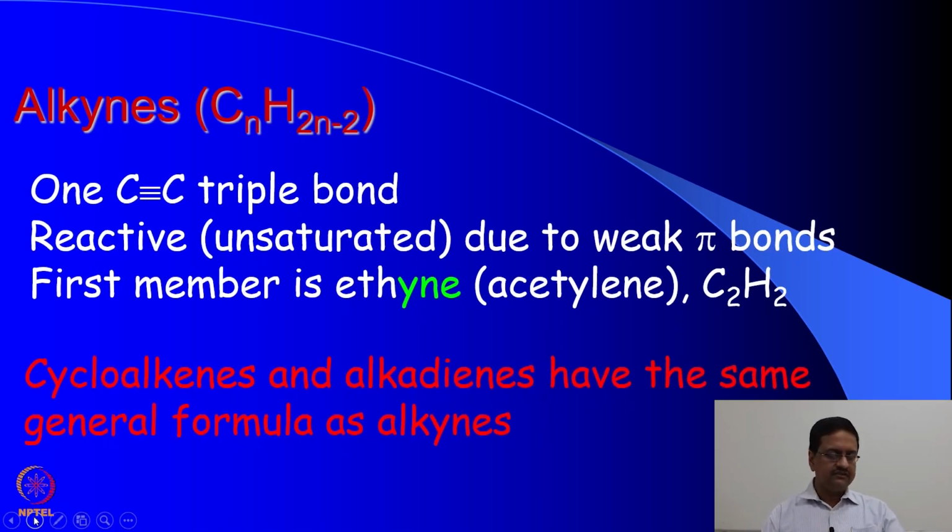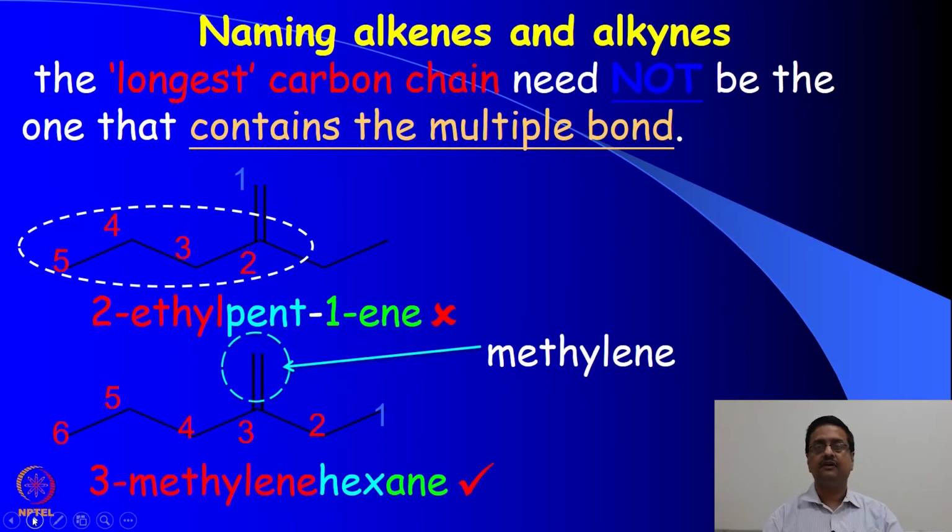And you may have noticed that cycloalkenes and alkadienes have the same general formula as alkynes. So, we will continue understanding the names of alkynes and alkadienes in these upcoming slides.